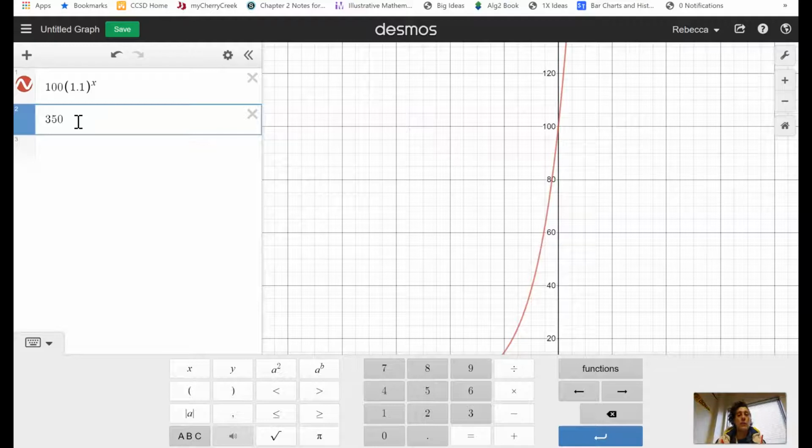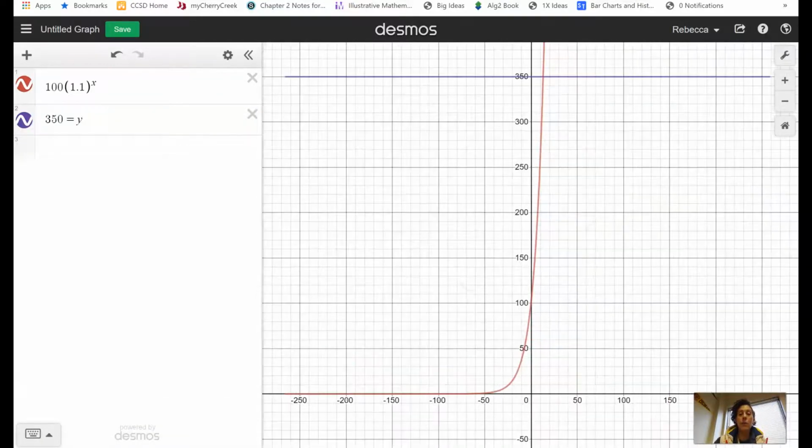Now, Desmos works as a calculator and a graphing calculator on one screen. So if I just type in numbers, let me get rid of this 350, like 2 plus 4. Right now it's acting as a calculator. You can see the answer of 6. If I want it to act as a graphing calculator, then to tell it I want it to graph 350, I have to type in the equals y part. And I realize you can't see this, but I'm just going to zoom out a little bit more.